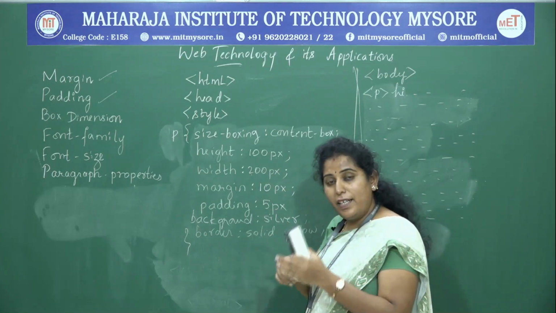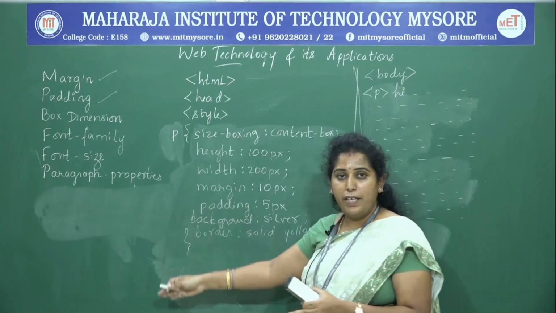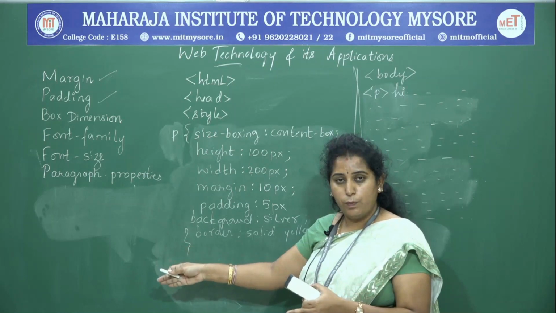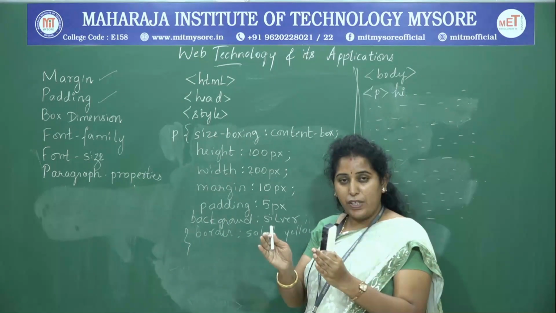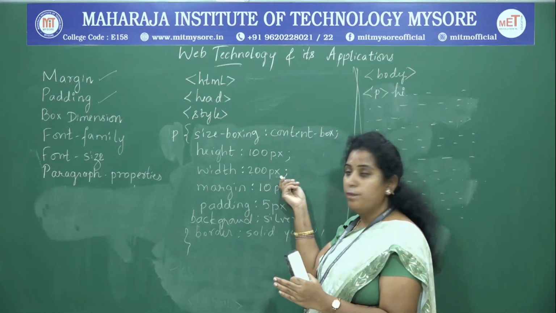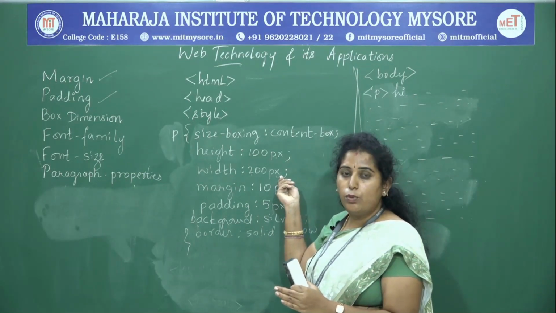The data exceeding 100 pixel remains like that, it is overflow. Got it? And also you can notice the width of the content box has been modified to 200 pixel.